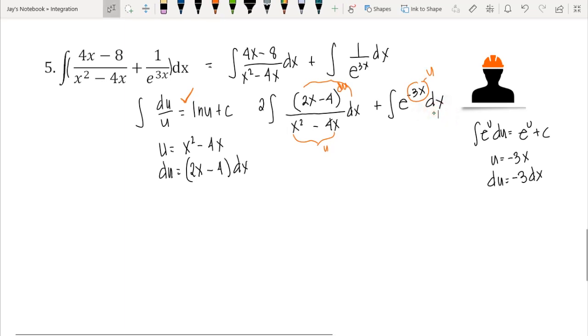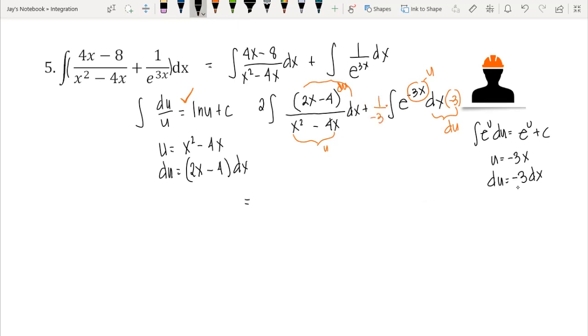So we multiply negative 3 in the integrand, since we should have negative 3 as du. This is now our du, the required du by deriving negative 3x. However, since we multiply negative 3 inside the function, we also multiply the reciprocal, that is 1 over negative 3, outside of the integral.